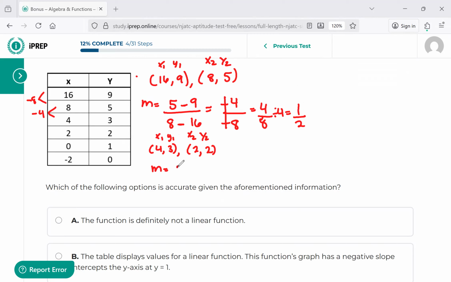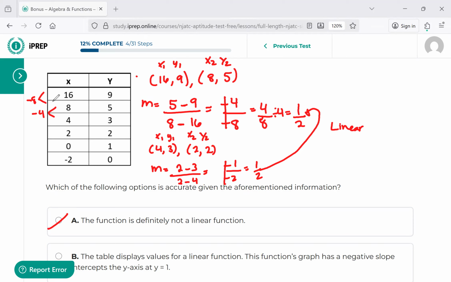So it's y2, which is 2, minus y1, which is 3, and then x2 is 2, minus x1 is 4. So 2 minus 3 is negative 1. 2 minus 4 is negative 2. Two negatives becomes a positive, so it's 1/2. Okay, so as you can see, the slopes are definitely the same. That means it is definitely linear.